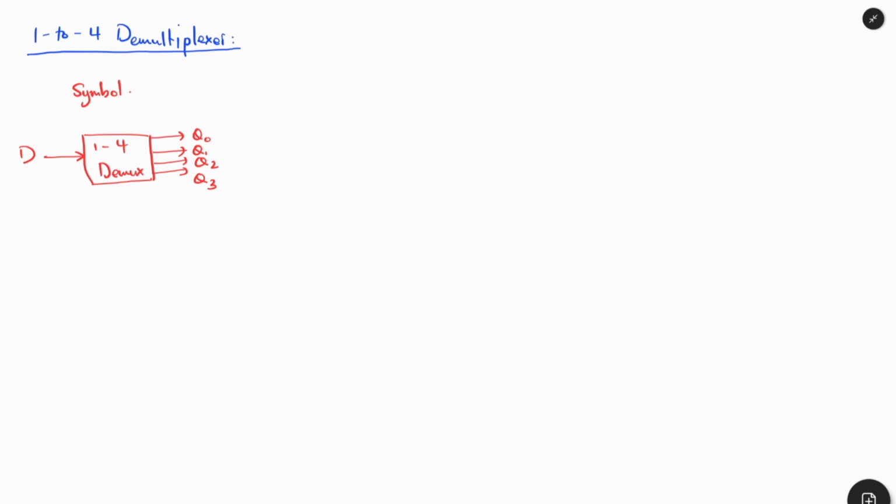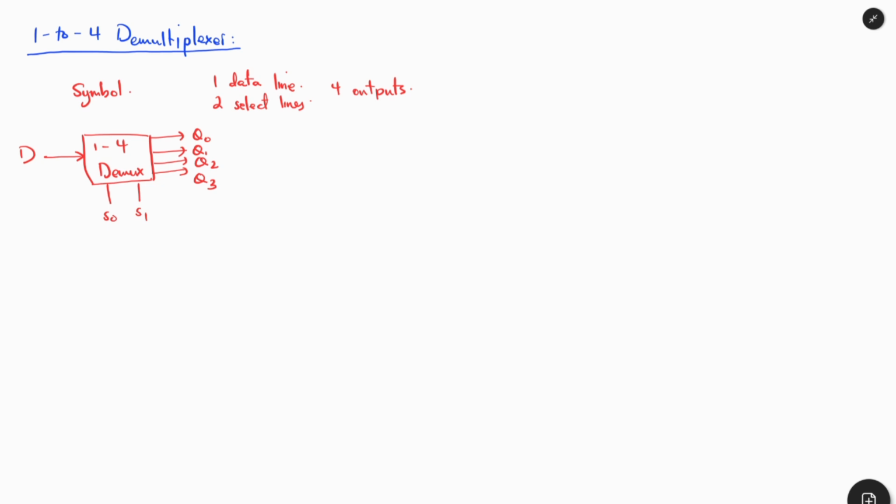In this case, we have one data line, which is the input, and we also have 2 select lines, S0 and S1, and we now have 4 outputs. These represent our symbol for the 1 to 4 demultiplexer.